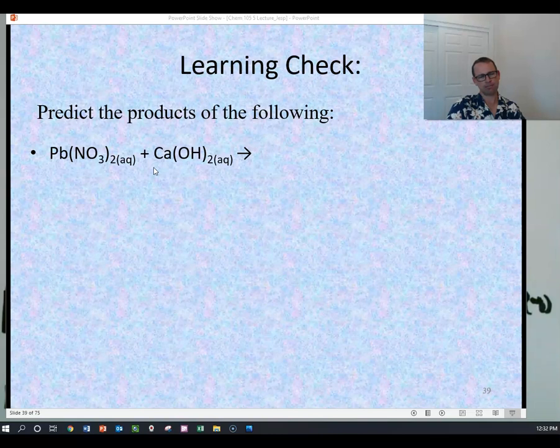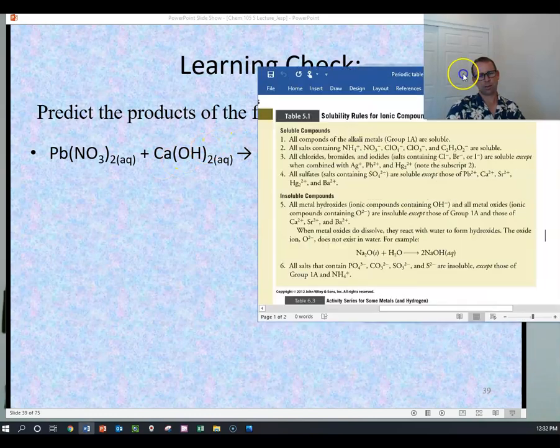Yes. Which one? It's going to be calcium nitrate. Calcium nitrate is going to be a precipitate? Yeah. What rule do you have to show you that?